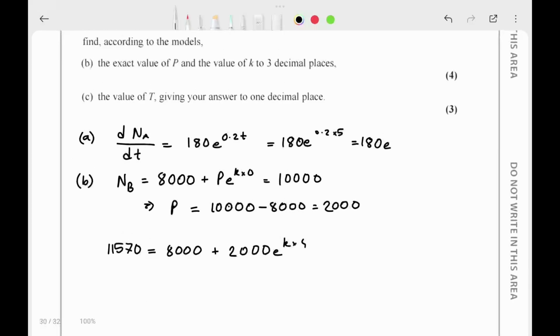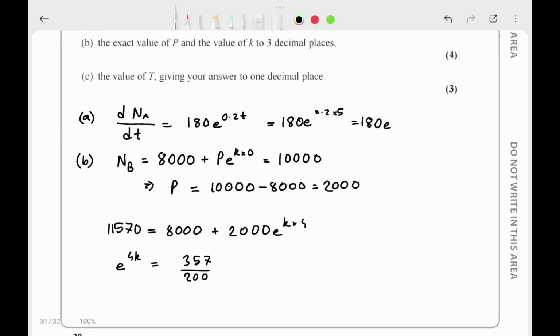Or e to the power 4k is equal to 3,570 divided by 2,000.